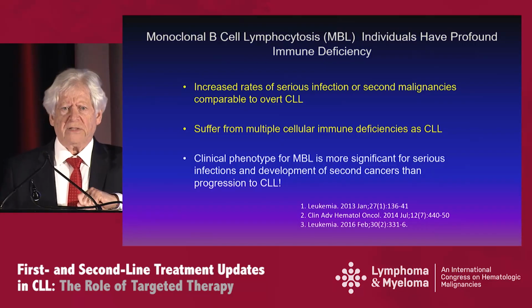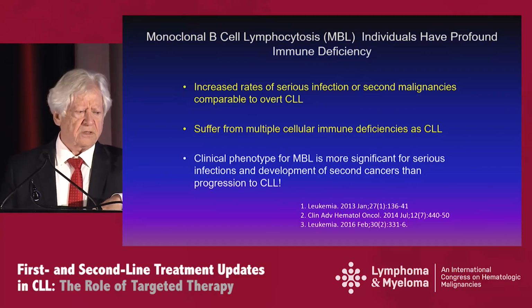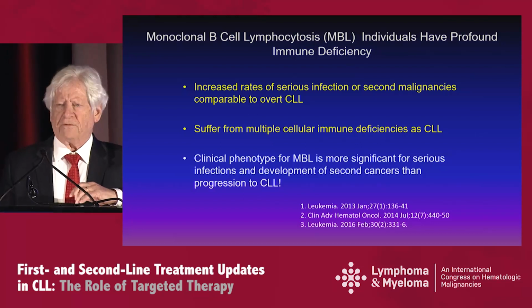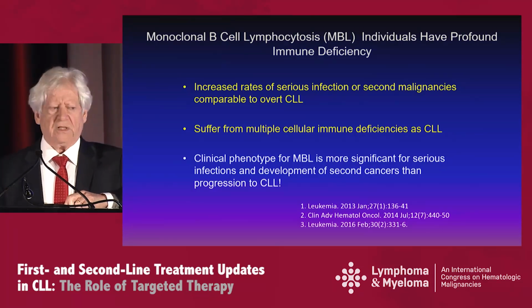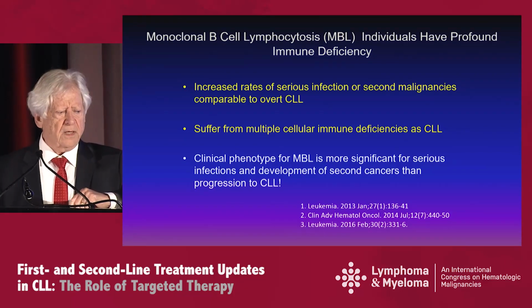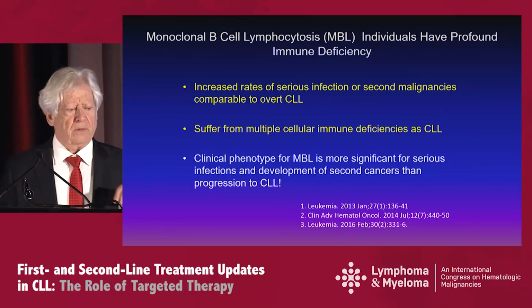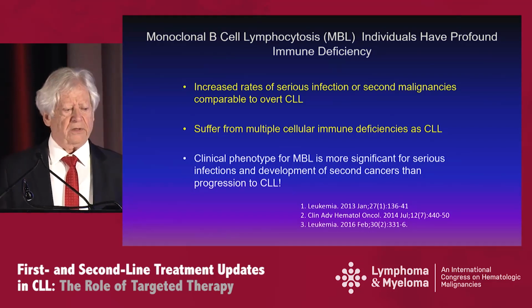One thing I want to highlight is that the precursor to CLL, monoclonal B-cell lymphocytosis, this is high-count MBL, individuals have profound immunodeficiencies. They have an increased rate of serious infections or second malignancies comparable to them developing overt CLL requiring therapy. And we and others have published that they do suffer from multiple cellular immune deficiencies, much as CLL.